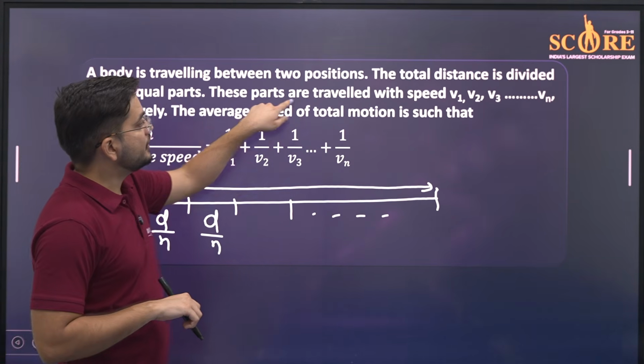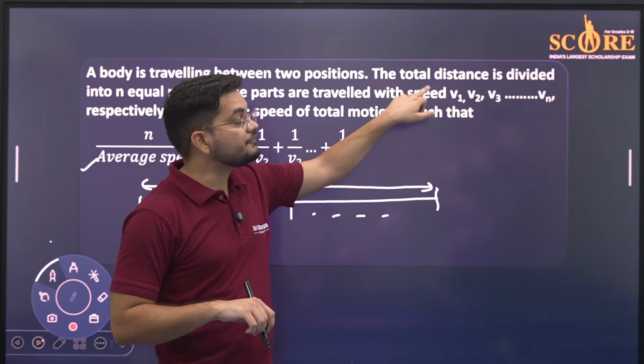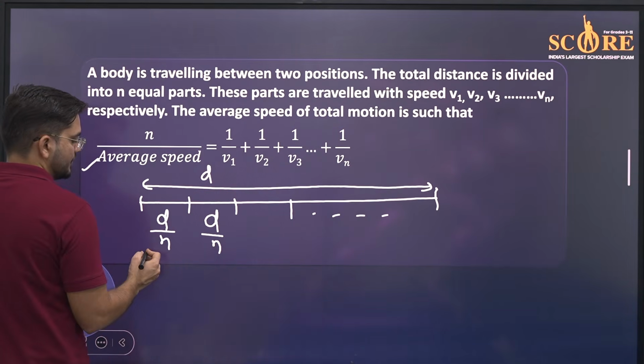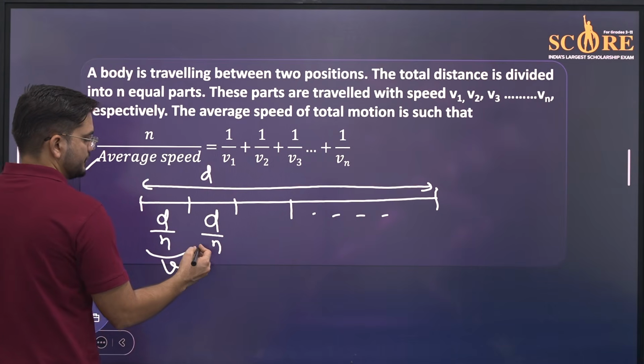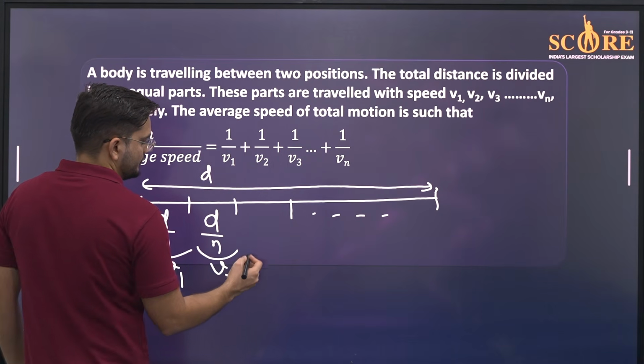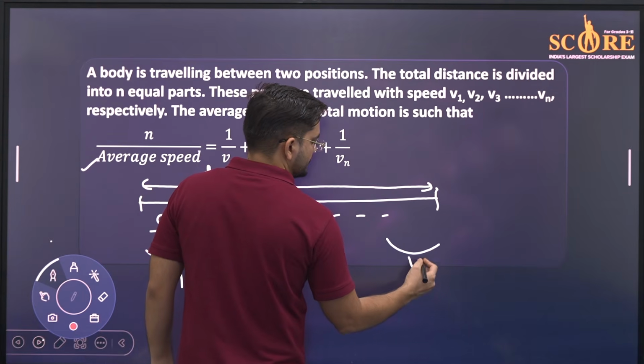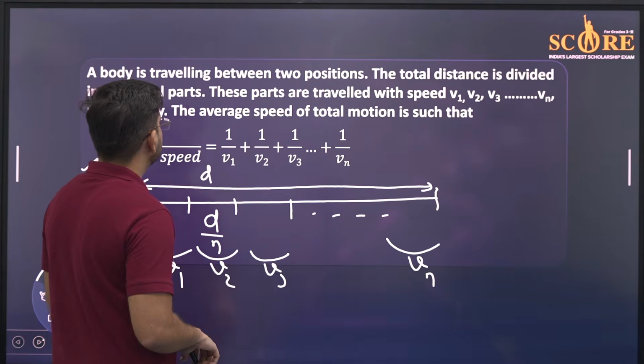Then these parts are travelled with speeds v1, v2, v3 and so on. In the first part the speed of the particle is v1, then v2, v3, and in the nth part the speed is vn.